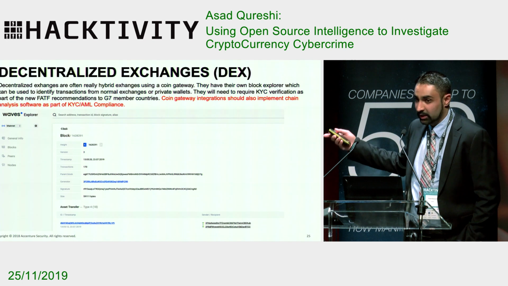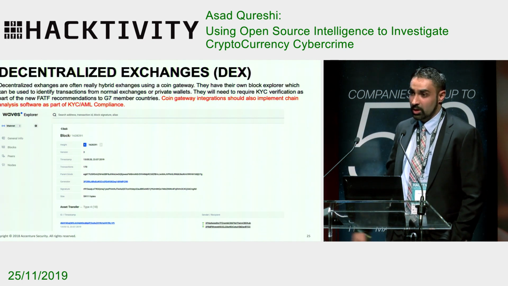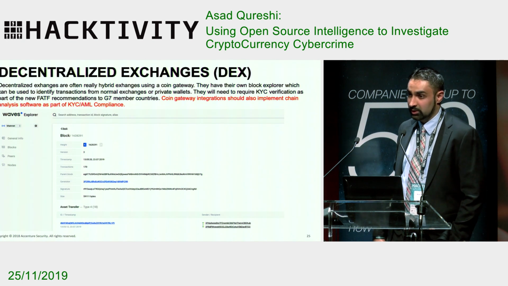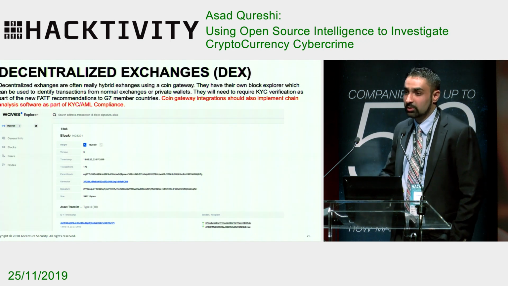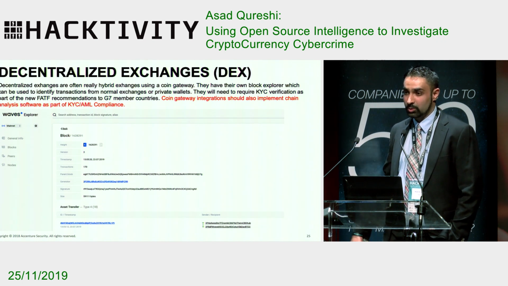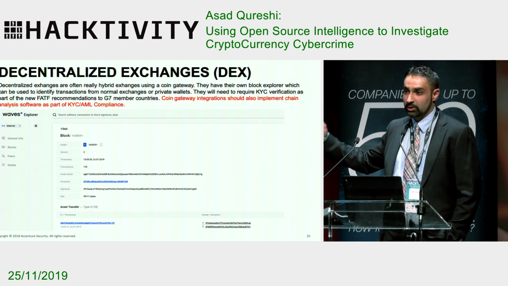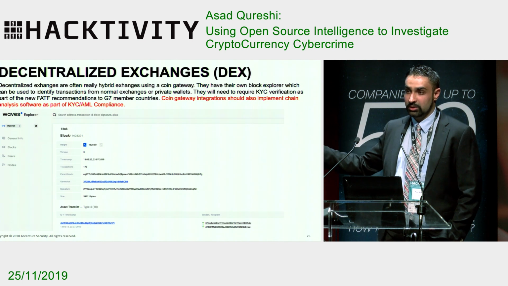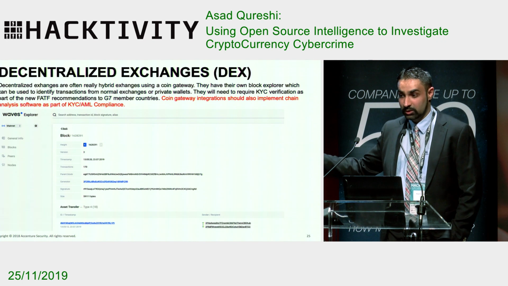If you're sending Bitcoin to a decentralized exchange, it is actually not decentralized. It is using a coin gateway to send that Bitcoin on the Bitcoin network. The coin gateway will usually have some sort of chain analysis software that checks whether that address is listed in some scam or is a blacklisted address.